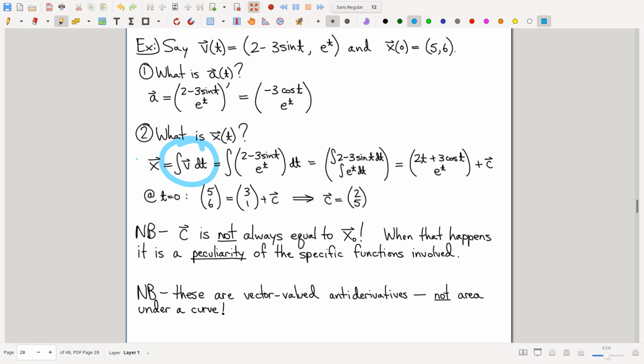So anyway, I think this is a big deal. I hope you will exert the same efforts that I do in trying to distinguish an antiderivative from an integral. And we have not even begun to talk about integrals yet. Multivariable integrals are a very different thing. And by the way, one thing you're going to notice when we get to multivariable integrals, they are really not the same thing as antiderivatives, really in any sense.